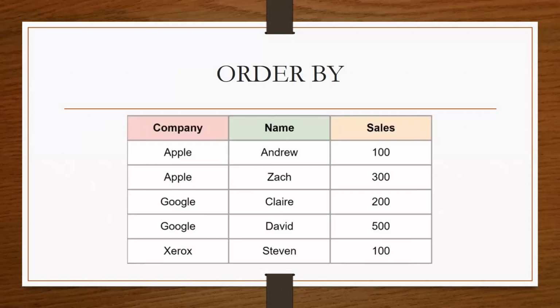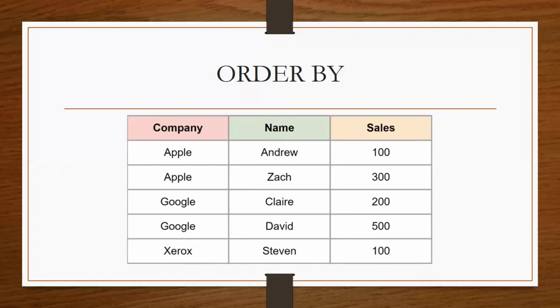What's also interesting is that you can order by multiple columns. This makes sense when one column has duplicate entries. We have 3 columns here: company, name, and sales for that individual at that company.